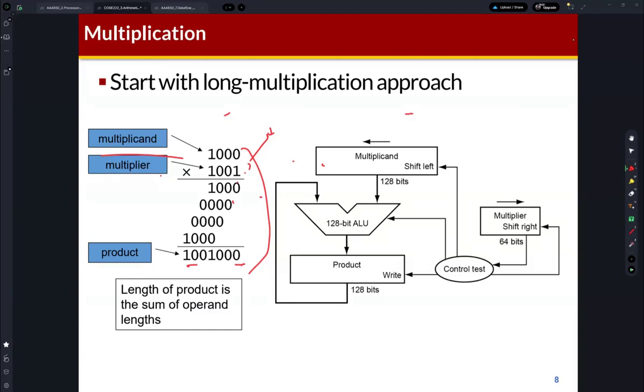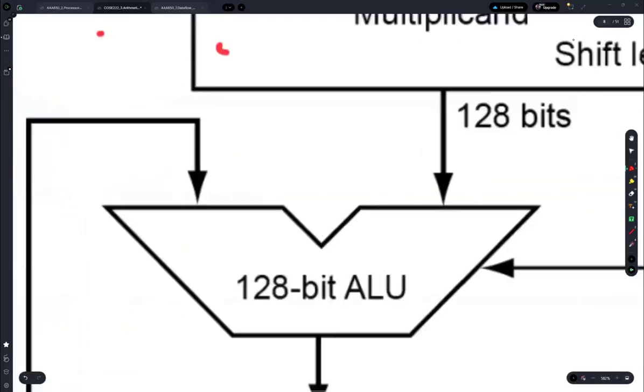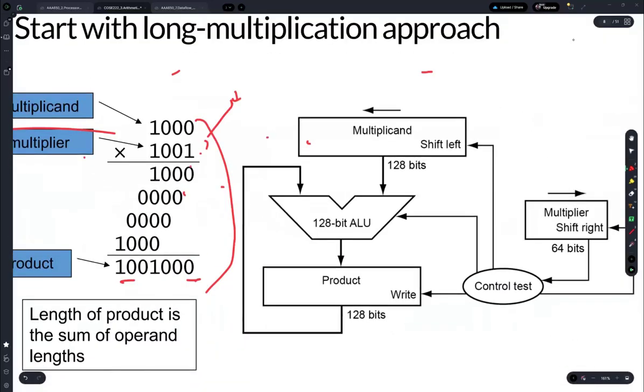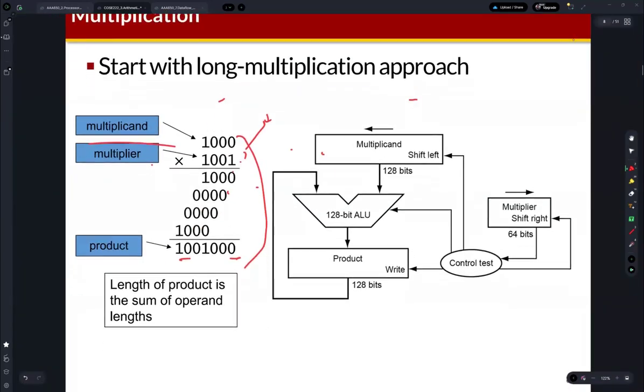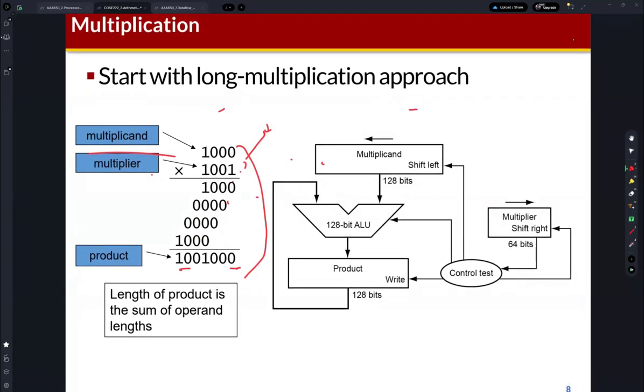Parallel operation, right? Even though I explained that the partial product is generated and shifted sequentially, actually these operations can be done in parallel.